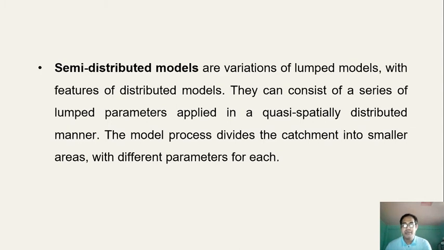Most models are semi-distributed because of data availability and range in the spectrum between lump and distributed models. A semi-distributed model can have data that are separated within the catchment but homogeneous within the sub-area.